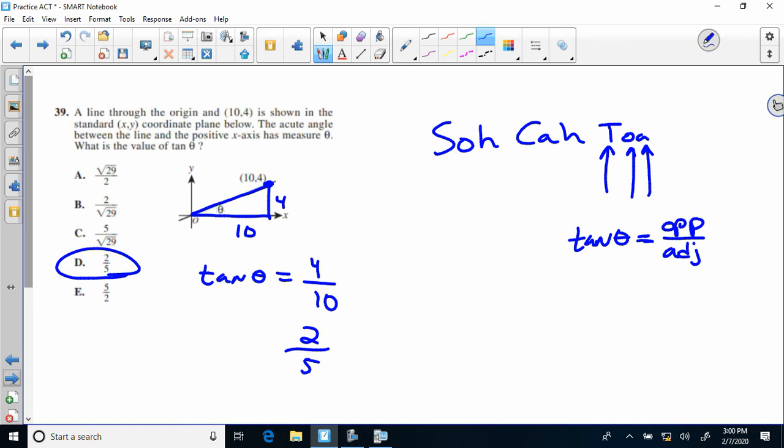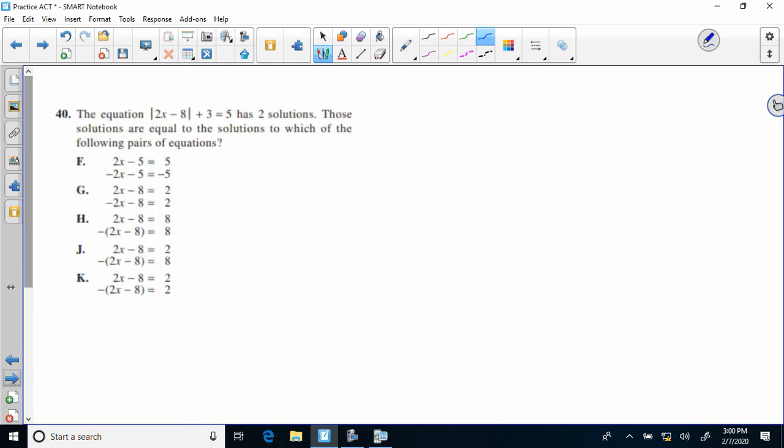So number 40. The equation has 2 solutions. Those solutions are equal to the solutions to which of the following pairs of equations? So I have to do the problem. I have |2x - 8| + 3 = 5. To solve that, I have to get the absolute value by itself.